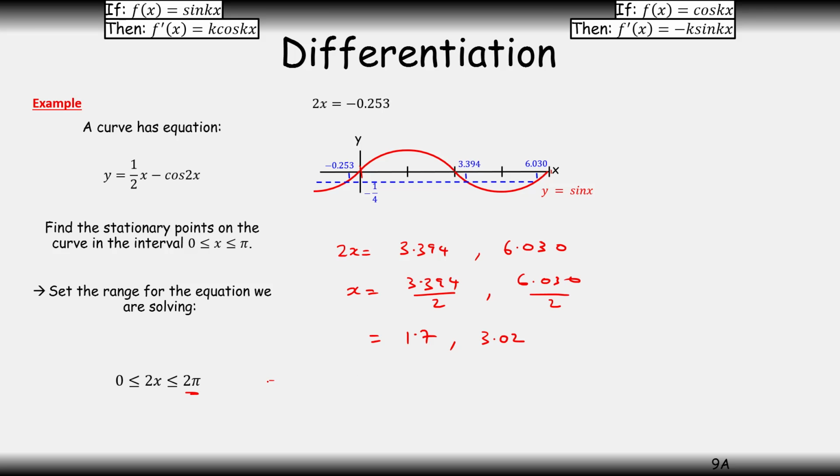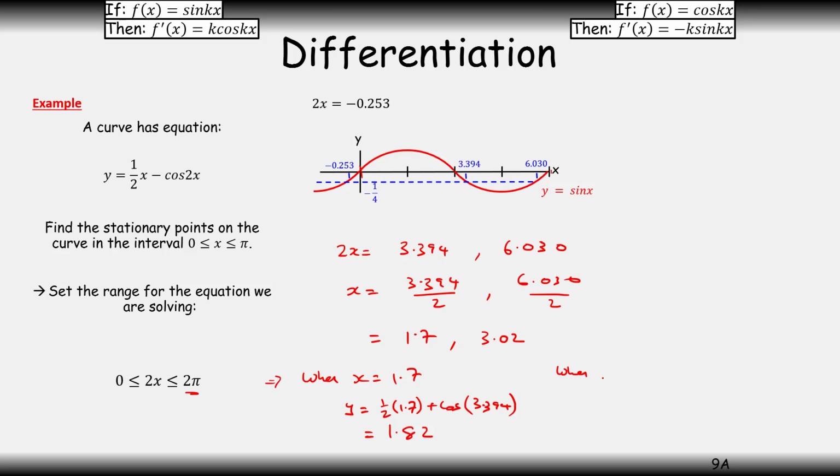So this implies, when x is equal to 1.7, y is going to be equal to a half of 1.7 cos of 2 times 1.7, 3.394, which is equal to, plug in your calculator and you should get 1.82.